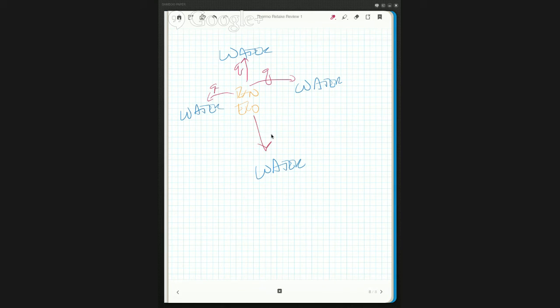So now it's negative, because according to the system, it is losing heat. It's giving up heat to the surroundings.